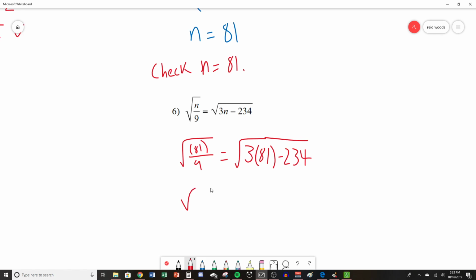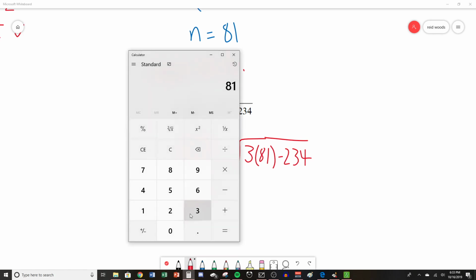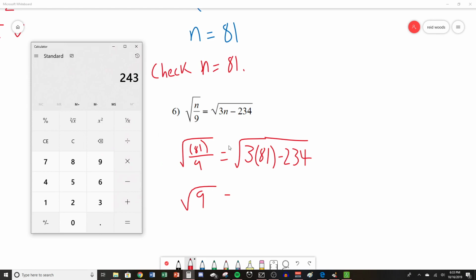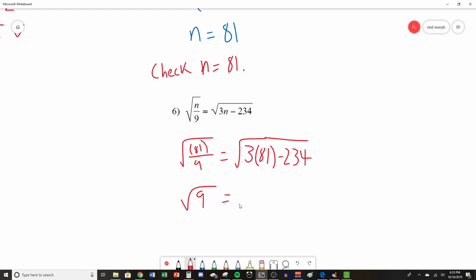So this right here is going to be 81 divided by 9. Well, I know that's 9. 3 times 81. Well, I need a little help with that. 3 times 81, 243, excuse me. So that is square root of 243 minus 234. Square root of 9 is 3.